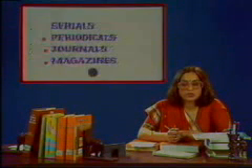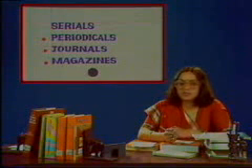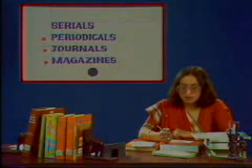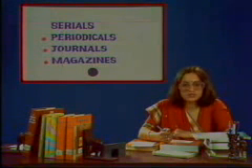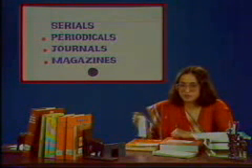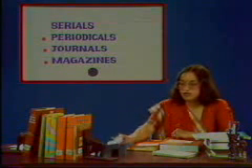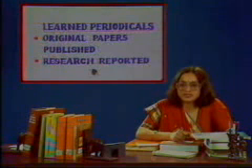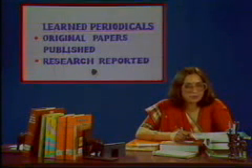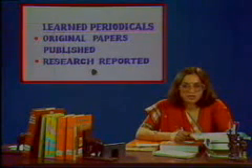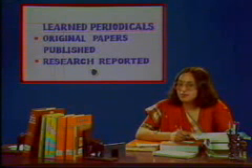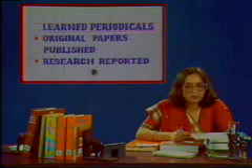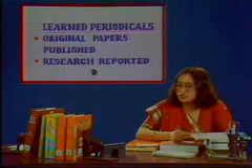Secondly, we discussed the serial publications. Serial publications are periodicals, journals, and magazines. I also told you that the cataloging of learned periodicals is a complex problem. The learned periodicals are such publications in which original papers are published and research is recorded.